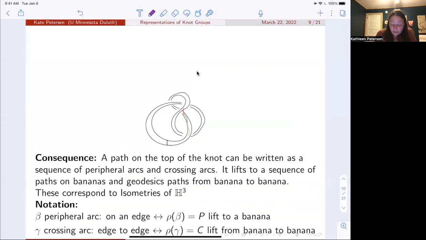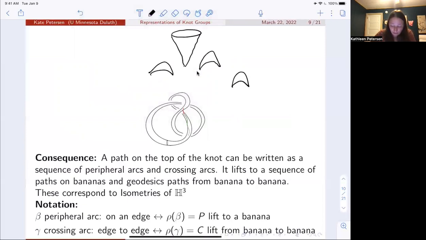So in the generic case, this figure 8 knot complement generically will lift to a bunch of these type bananas. Here, just a few bananas.